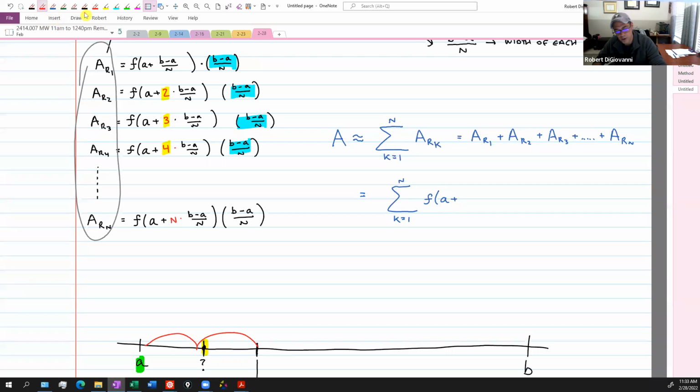So what I can do is put here a k times B minus A over N, times B minus A over N. Think about what would happen. If I start at k equals 1, this would be F of A plus one of these guys times the width. That's the first one, right? Then I let k be 2. That would be F of A plus 2 of those jumps times the width. That's the second one. And then 3 and 4 and 5. Do y'all get that?